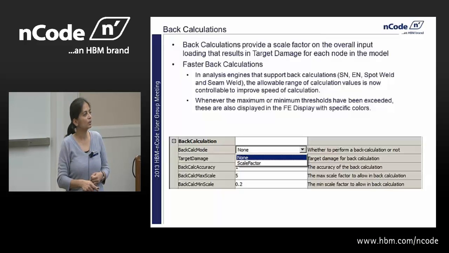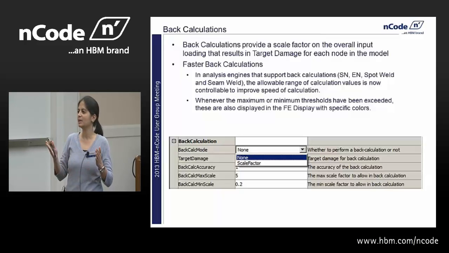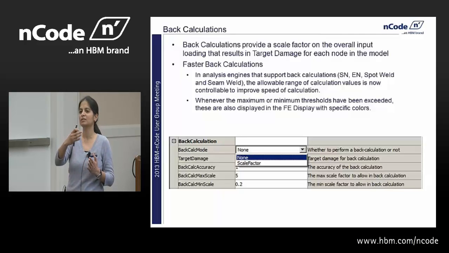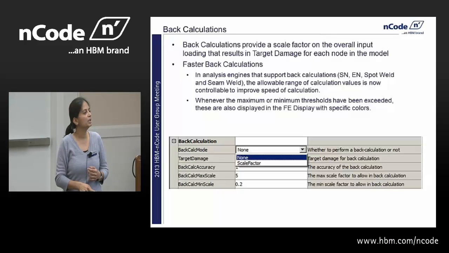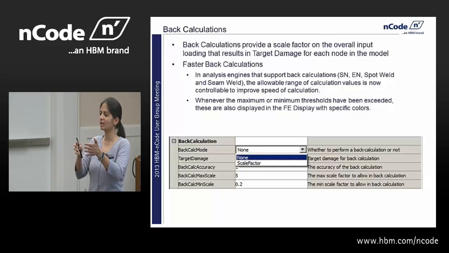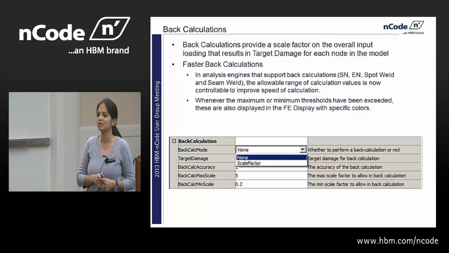Now what we've done in version 9 is basically restrict that range of scale factors that it applies. So basically, the maximum is now 5, so 5 times the input load, and the minimum is 0.2. So what we've essentially done is restrict the number of damage calculations that it needs to do to iterate on that scale factor to reach your target damage.